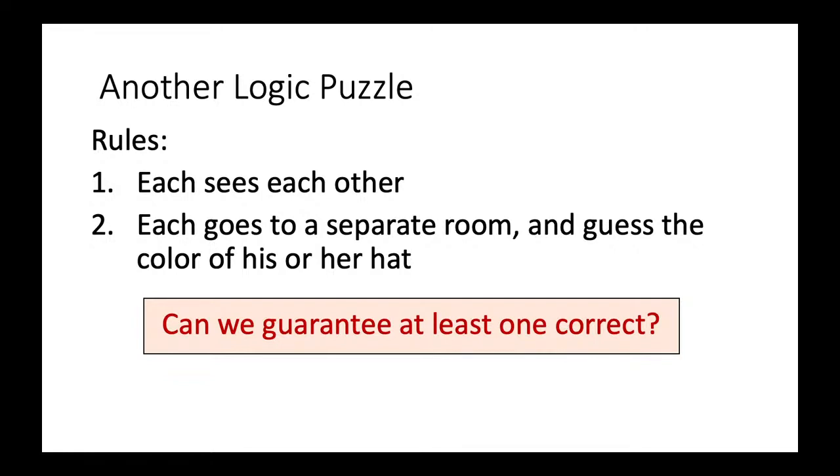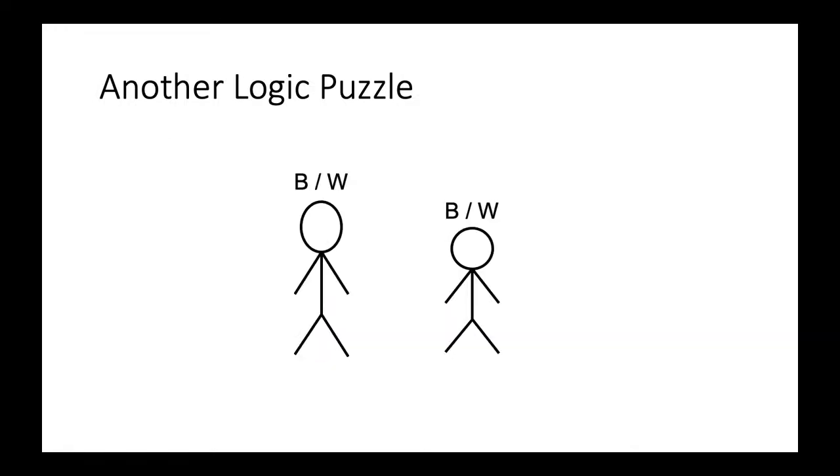And the question here is, can we guarantee at least one correct answer? We don't need both of them to be correct, but at least one. Now, normally after thinking for a while, let's say half an hour maybe, you should be able to get the answer to this question. Just try all the possibilities.